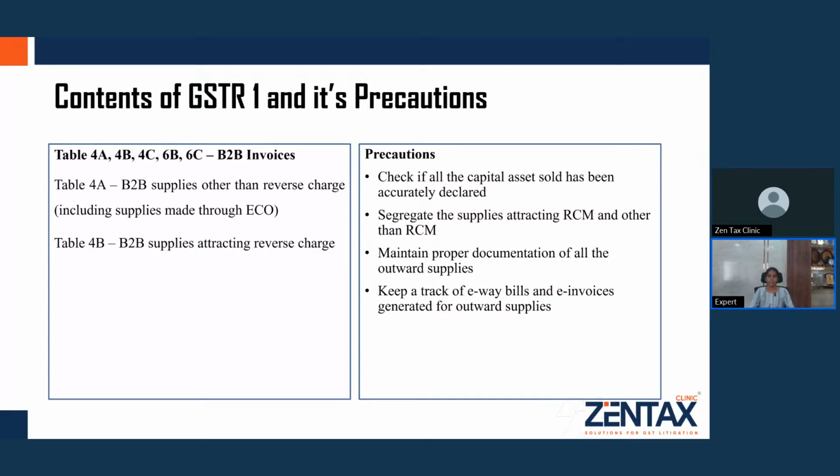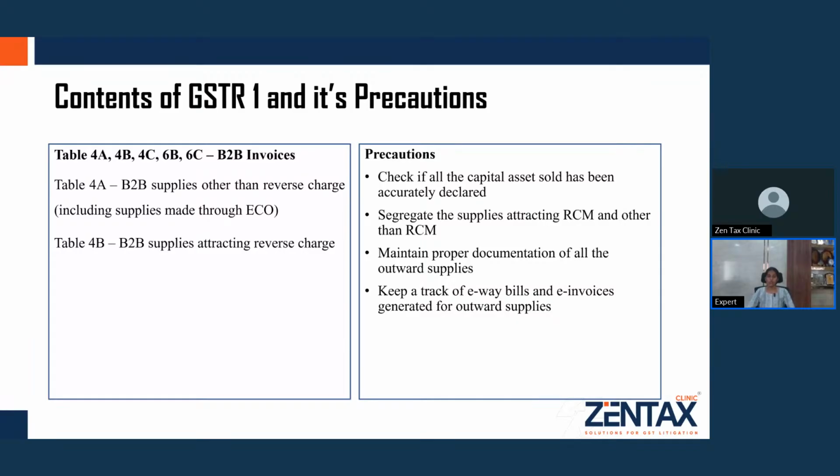They just ask for clarifications or explanations for the turnover declared by such registered person. In such cases, the replies will be given based on the documentation, that is, to prove the taxable supplies made by the registered person. So to prove that, proper documentation is necessary.